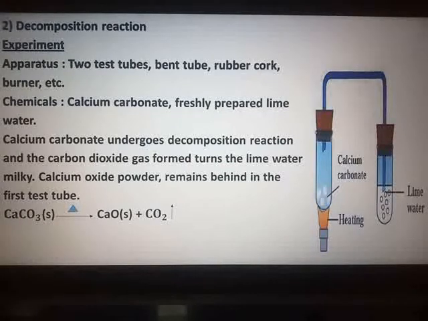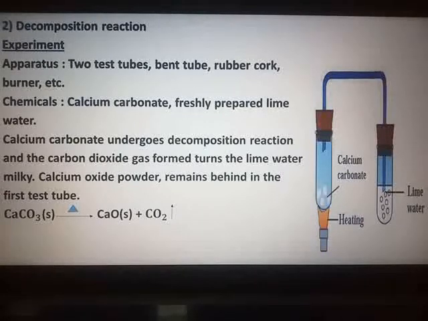So what you can see over here is one reactant broken down into two products, and that is a decomposition reaction: the chemical reaction in which two or more products are formed from a single reactant.